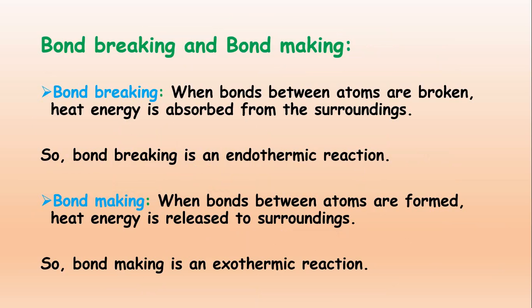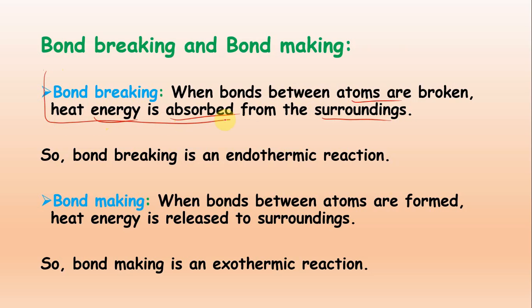Now another very important concept: bond breaking and bond making. As you know, when you break anything, you have to supply heat energy. So in bond breaking, when bonds between atoms are broken, heat energy must be absorbed from the surroundings.